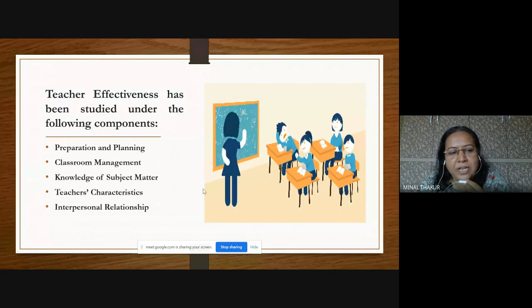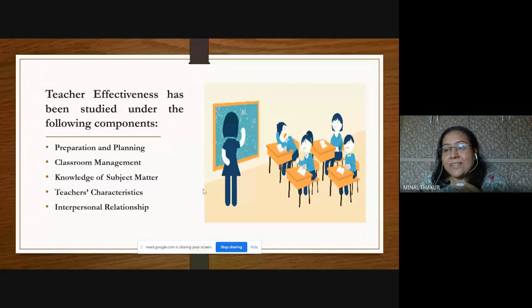The first component was planning and preparation, or how you plan your lesson well before entering your class. How are you prepared for the class? That is the first thing. Second is classroom management. Sometimes the classroom is very noisy and therefore you are not able to control the classroom.